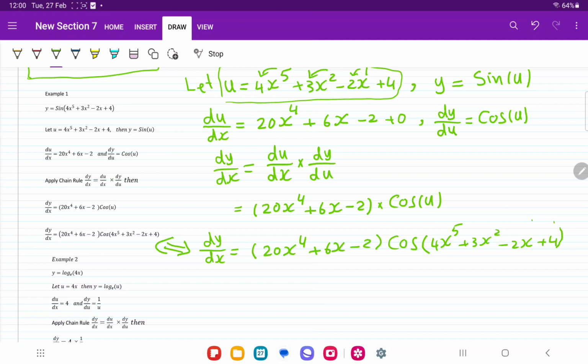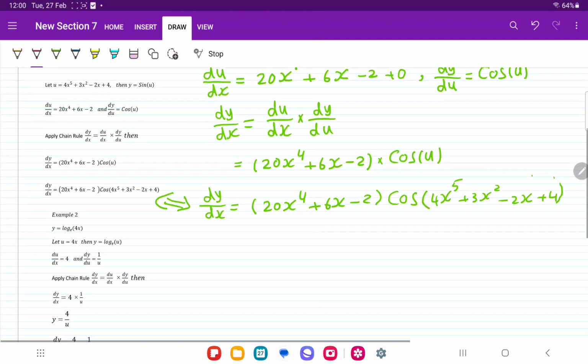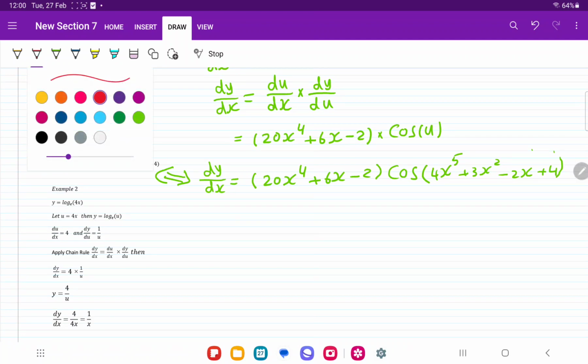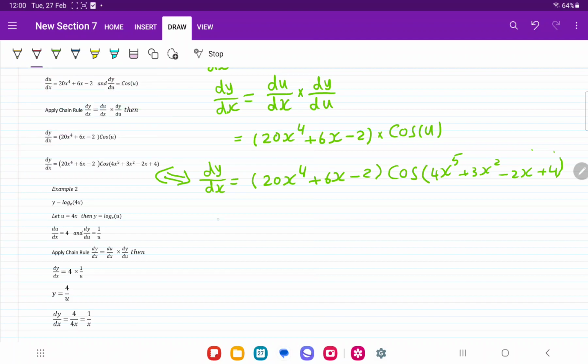Now the second example that we're going to look at is a logarithm function. So if we have y equal to log base e of 4x, again we're going to assume u is whatever is inside the bracket, which is 4x.